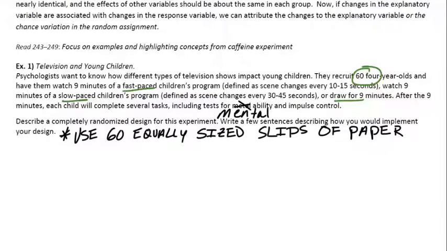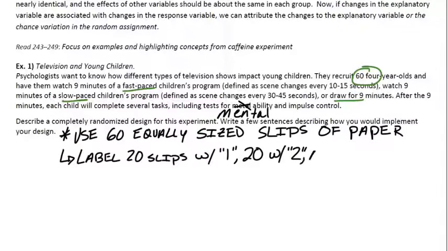In this case, one way we could do it is label each slip with a number. So put 20 slips with a 1, 20 slips with a 2, and 20 slips with a 3. And then just have each kid come up and draw out of the hat, and that'll decide what group that kid is in.